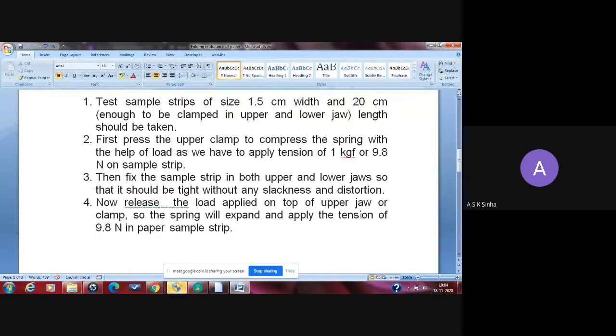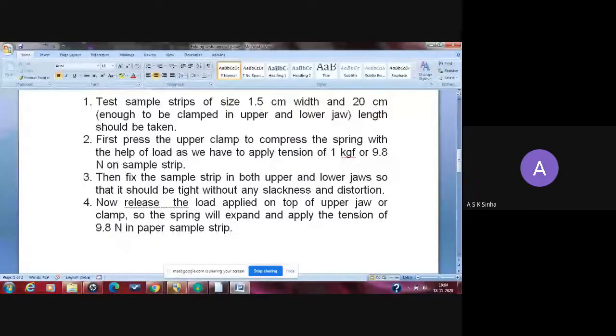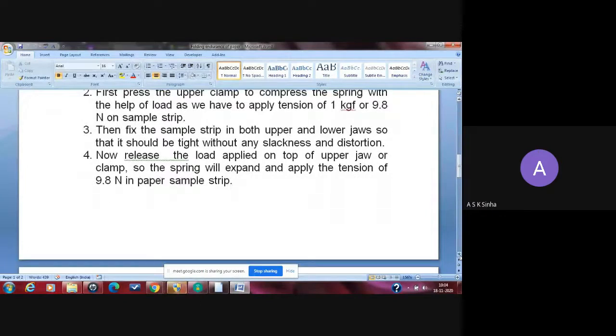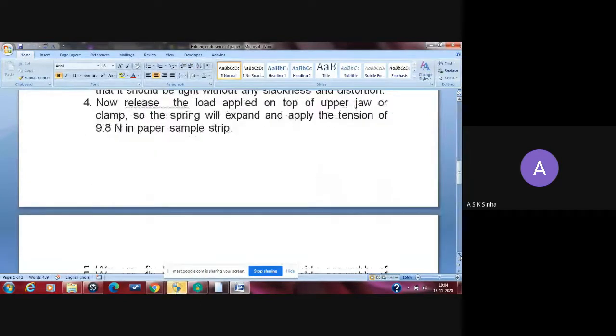Now release the load. Once we put the load, first the spring is compressed, and then we fix the sample. Then we release the load, and the spring expands, and because of this expansion the tension is applied to the sample, equal to 9.8 Newton in the paper sample strip.